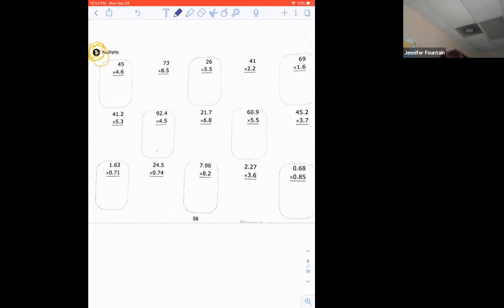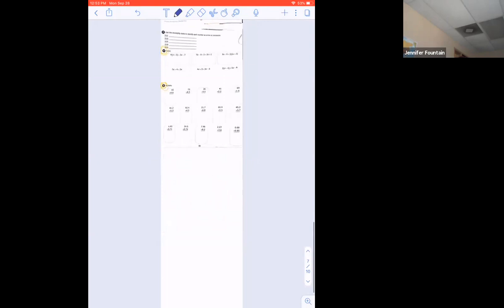Fantastic, good job. Okay, and so that was dealing with, so we have looked at adding, subtracting, multiplying, and dividing decimals. Okay. So let's see. But we did not start powers of 10 yet, right? No. Okay.